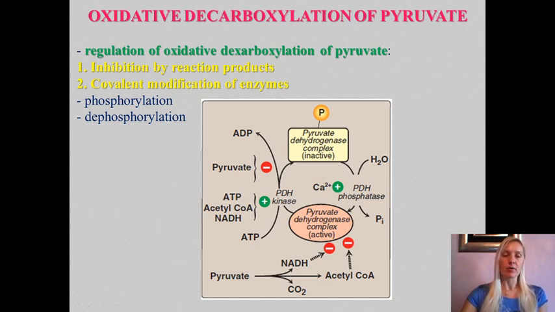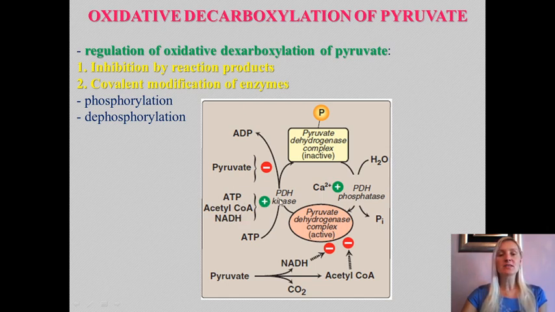For example, ATP as a marker of a sufficient amount of energy in a cell, or accumulation of acetyl coenzyme A, or NADH coenzymes, which are all products of oxidative decarboxylation of pyruvate.